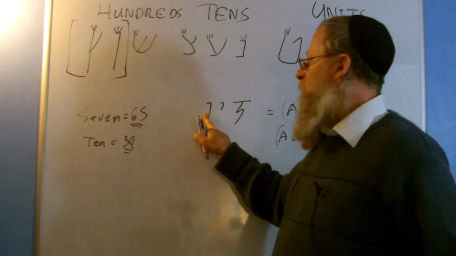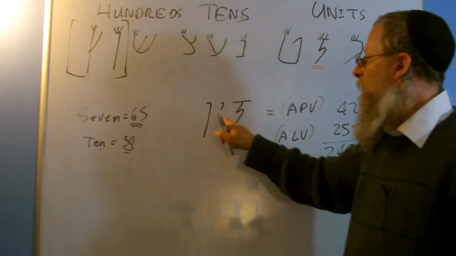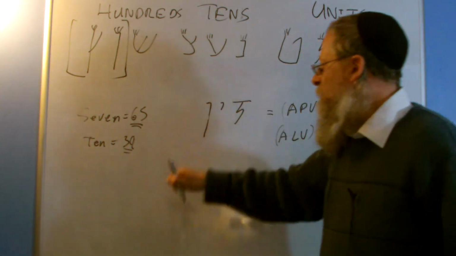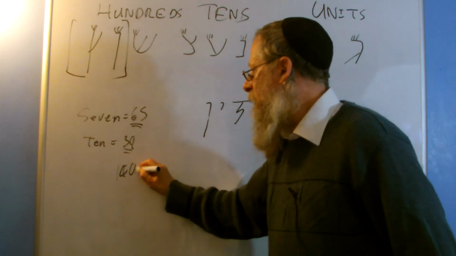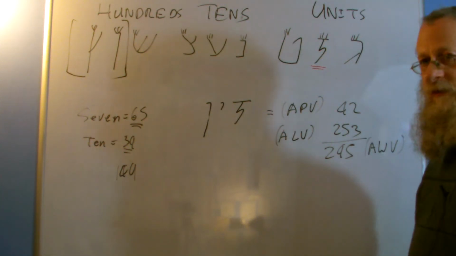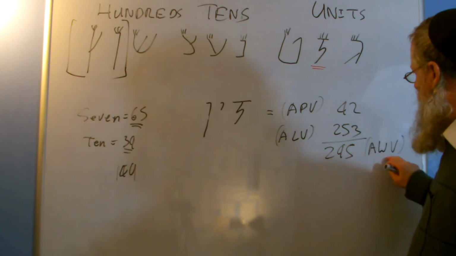And Nun is 25 as the alternative placement value, and 25 is 149. Add them all together, you should get 253. So the whole value is when I add the two together.